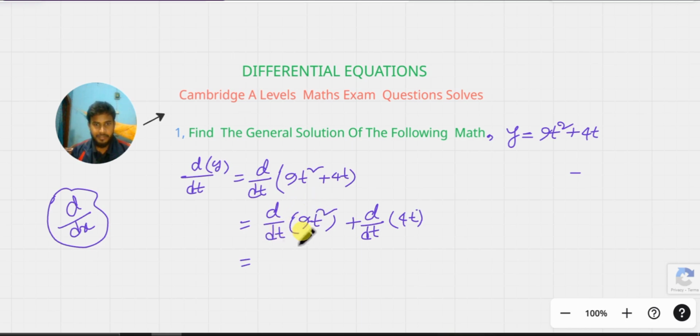Here we can see that d dt, the differential operator, is acting on the 9t square function. There is a number 9, so it will be written in front of the differential operator, and the differential operator will act on t square.